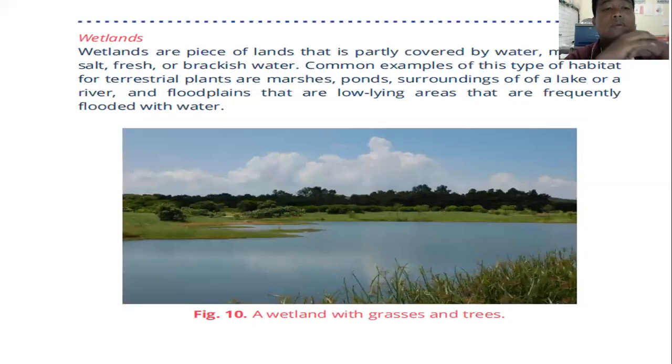Okay, wetlands. Now, wetlands are pieces of land that are partly covered by water, may it be salt, fresh, or brackish water. Common examples of this type of habitat for terrestrial plants are marshes, ponds, surroundings of a lake or river, and floodplains that are low-lying areas that are frequently flooded with water.